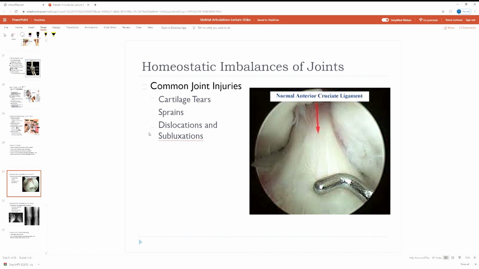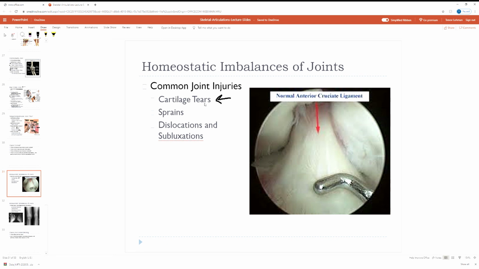Now we just have 2 slides left just to talk about joint injuries. So the cartilage tear is relatively self-explanatory. It's a tear in cartilage. This is no fun because cartilage does not have a great blood supply, especially fibrocartilage like a meniscus.